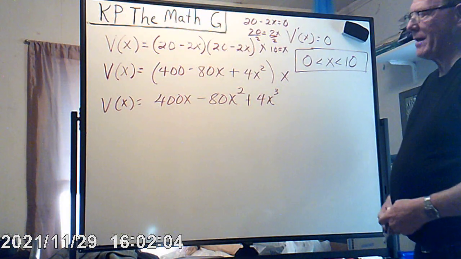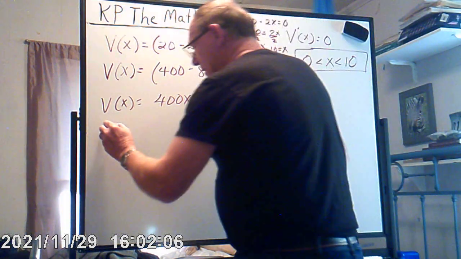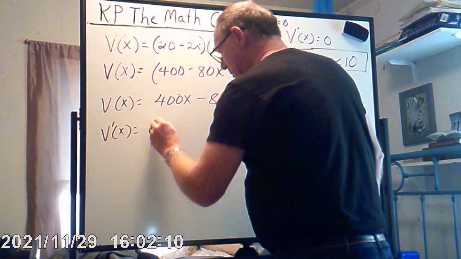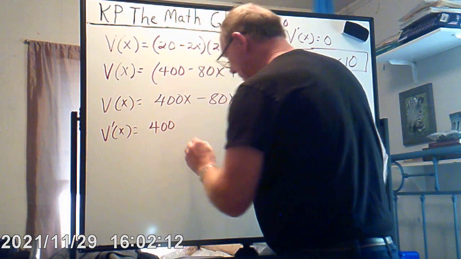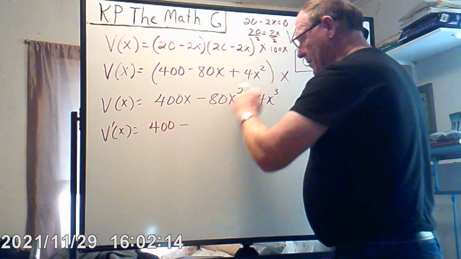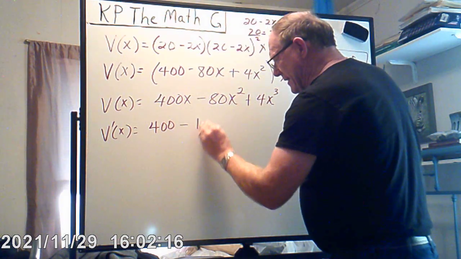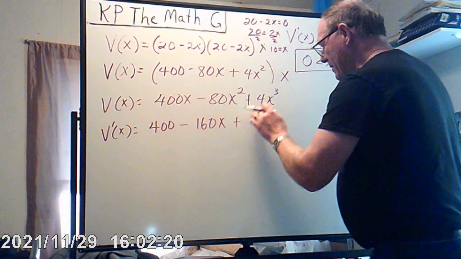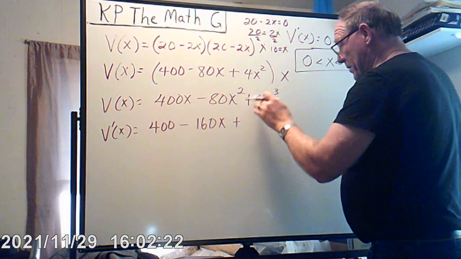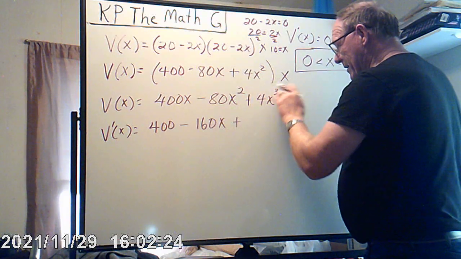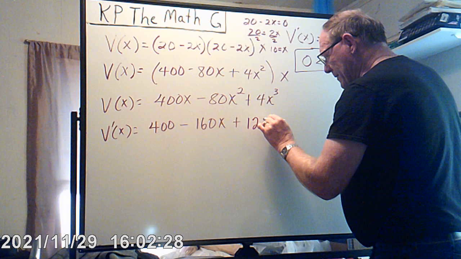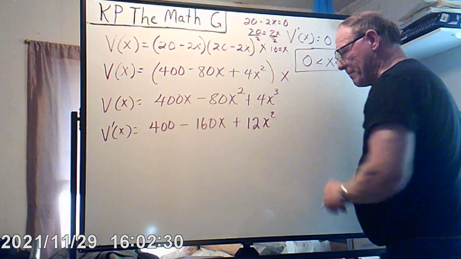Alright, let's go ahead now. V prime at x, easy enough. This is 400 minus 2 times 80, which is 160x, plus 4 times 3, 3 times 4 is 12, 12x squared.